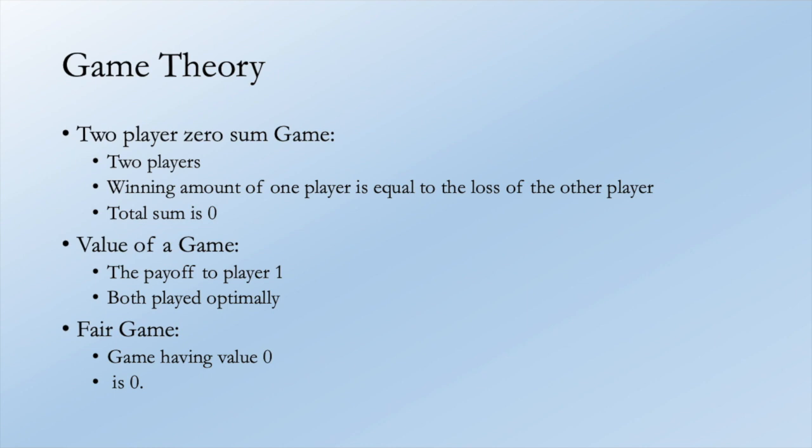Whatever is gained by player 1 will be lost by player 2, and vice versa. The payoff received by player 1 is called the value of the game, when both players have played with their optimal strategy. A game having a value of 0 is called a fair game.